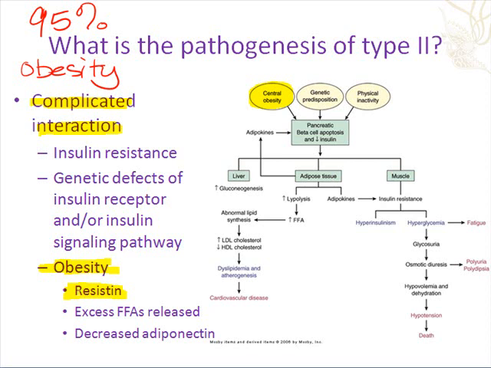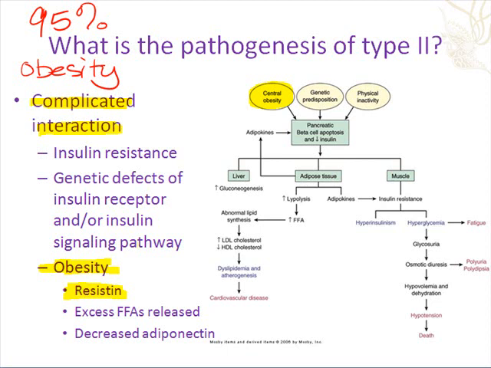Resistin, as the name implies, influences the body's ability to respond to insulin, and it actually causes cells to resist the effects of insulin, to more or less ignore the effects of insulin and thus not take up sugars.